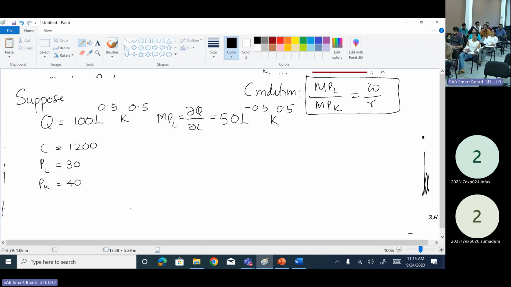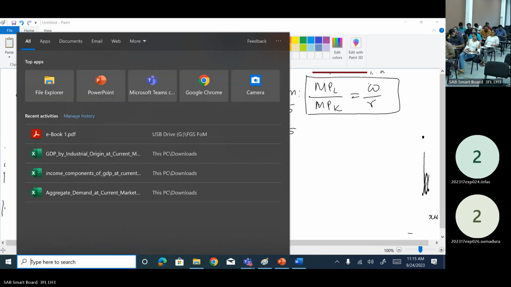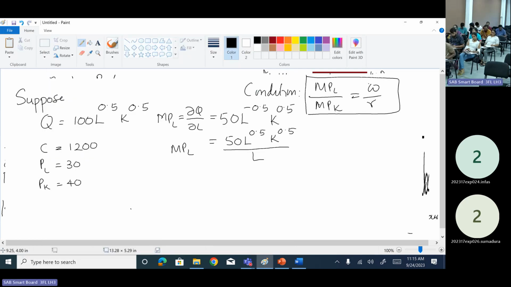We can rewrite this as 50 K to the power 0.5 divided by L to the power 0.5. Same thing. That is the marginal product interpretation. 0.5 minus 1 means minus 0.5.